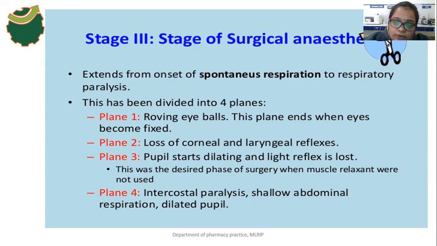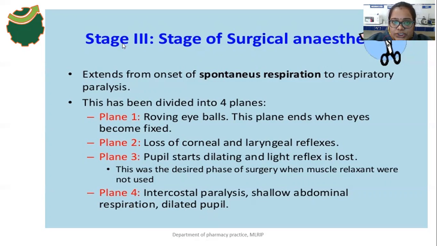As a result of paralysis at the intercostal muscles and diaphragm muscles, what will happen? Shallow respiration occurs. The respiration rate decreases, and the pupil becomes dilated. The dilated pupil also occurs in plane 4.